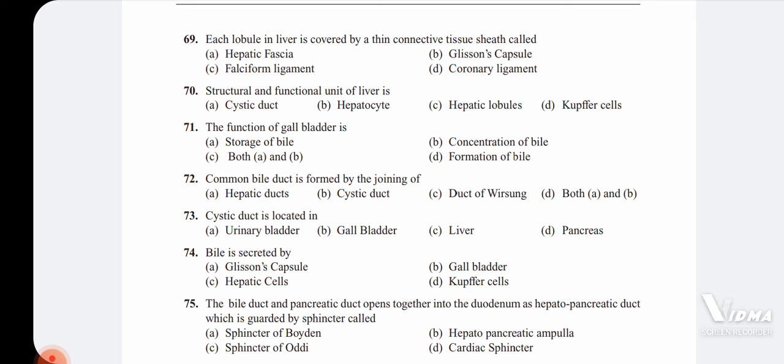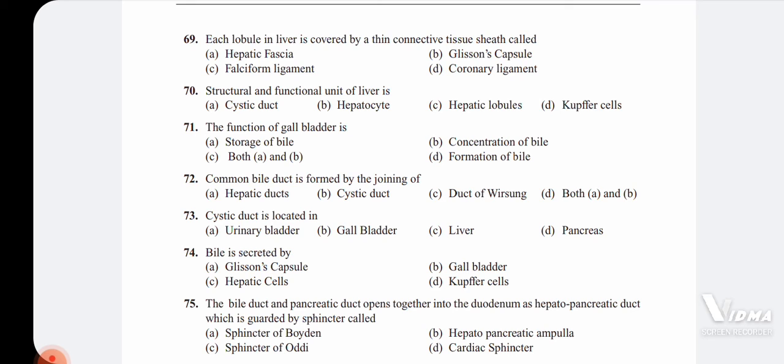Next, 71st question, the function of gallbladder is. The gallbladder helps in the storage of the bile and in increasing the concentration of the bile. So hence the answer is both A and B. 72nd, the common bile duct is formed by the joining of.